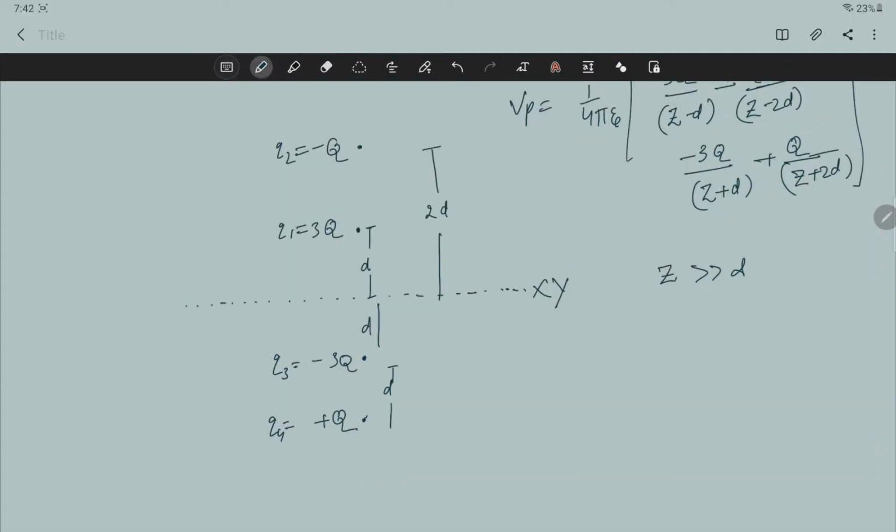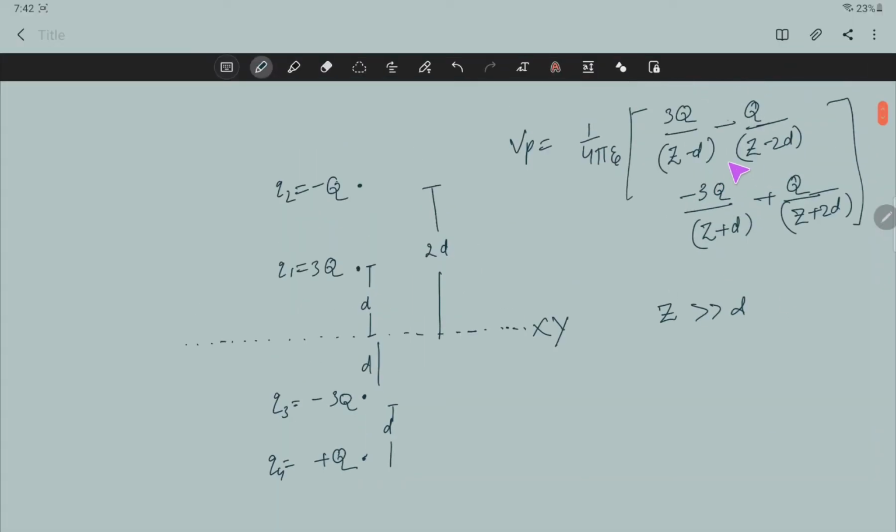So we have to do the approximation. Let me first take common q upon 4 pi epsilon naught. What we will do, we'll take z common from the denominator, so that z will come out of the bracket, and we will get here 1 minus d by z.